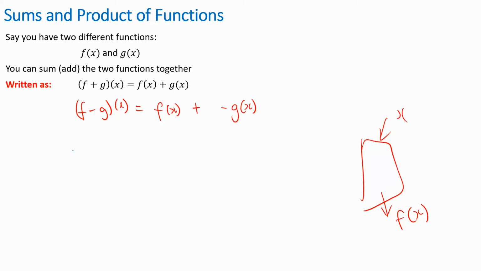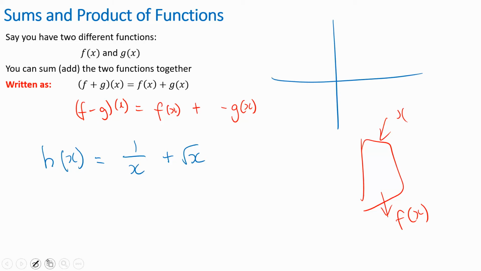So let's say h of x is equal to the sum of 1 on x and root of x. So I've got two functions there. Let's sketch both of them so that we can see what's actually happening. So 1 on x, what does that look like? This is what it looks like. Rectangular hyperbola with an asymptote at x equals 0 and an asymptote at y equals 0. That's 1 on x.